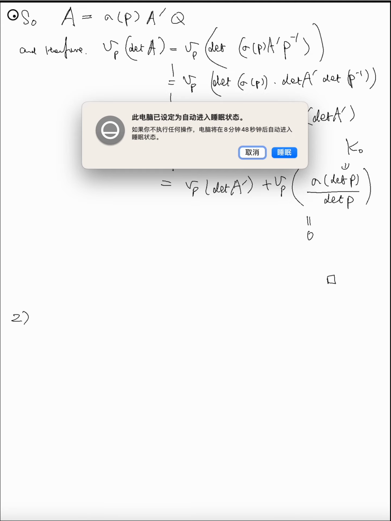Second part of the exercise, let's show the second alternative definition is equivalent. So recall that D is a phi n module with dimension h.